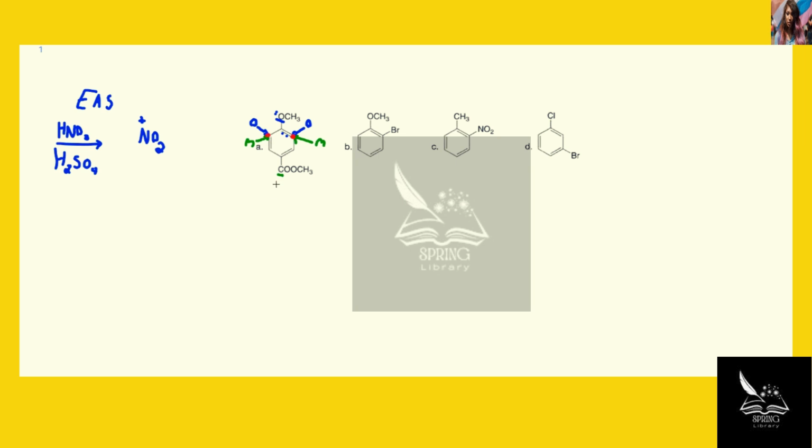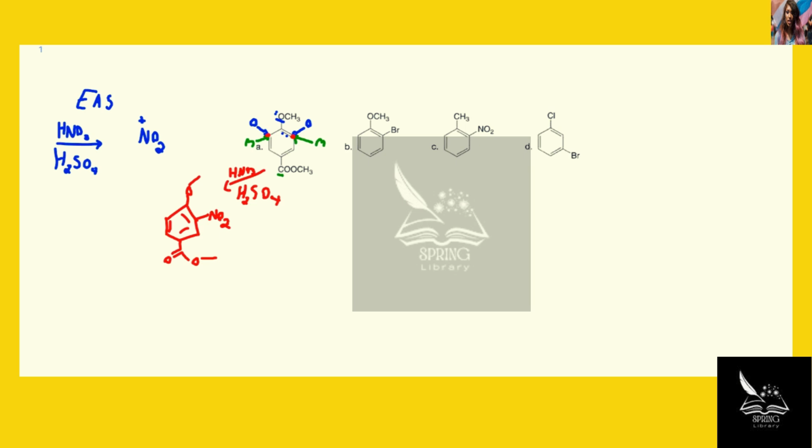So if you react A with HNO3 and H2SO4, we are going to get a product where you add the nitro group on one of these carbons. And because of the internal plane of symmetry, it doesn't matter which carbon you add it to because they're both equivalent, so it's arbitrarily added to one side.